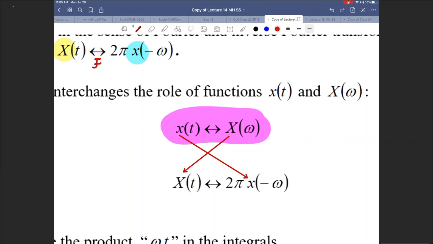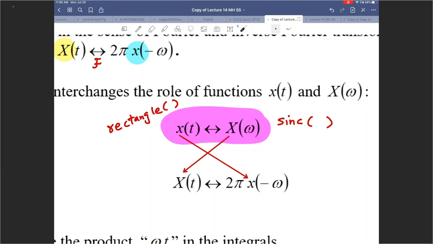All right, let's see. If I make this a rectangle, what do I have in the frequency domain? Right, so if the function itself is a rectangle, and you want to go to sinc, you use the Fourier transform there.